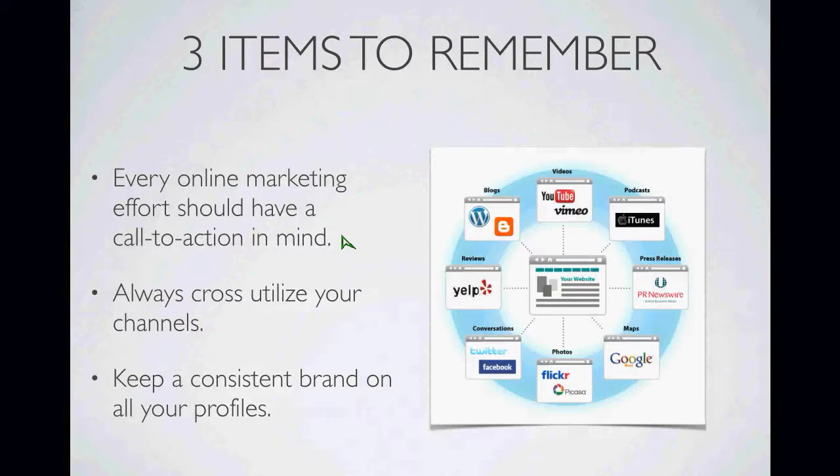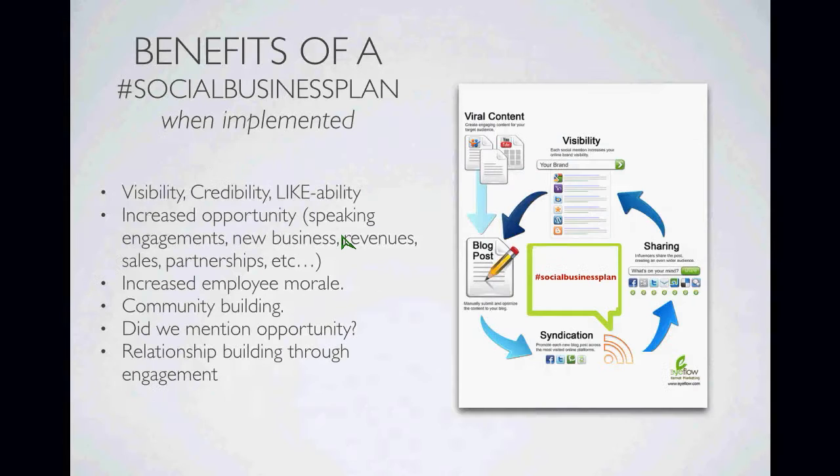And you have now cross-utilized your email and your Facebook, or do that on Twitter or Instagram. Part of your social business plan will help you to create some campaigns that will work for your specific goals. Everything you do, keep a consistent brand. So make sure that your profile pictures, your cover photos, everything is branded to your website and your business card so people know who they're doing business with.